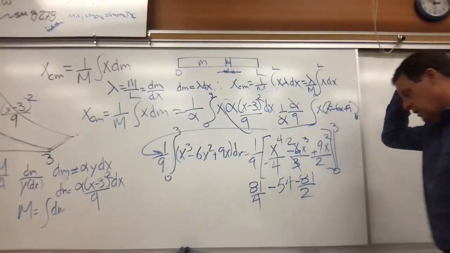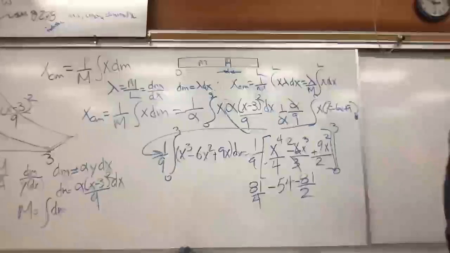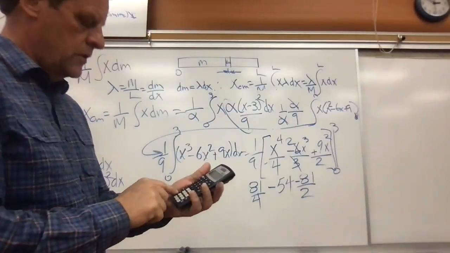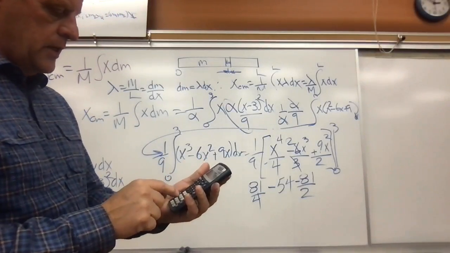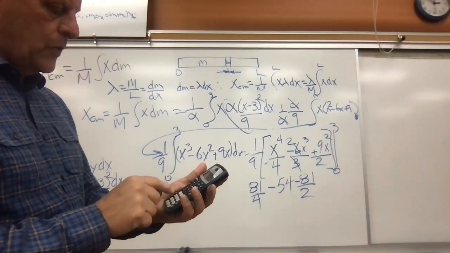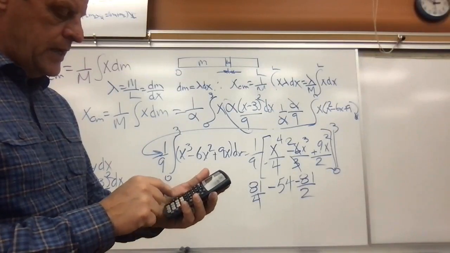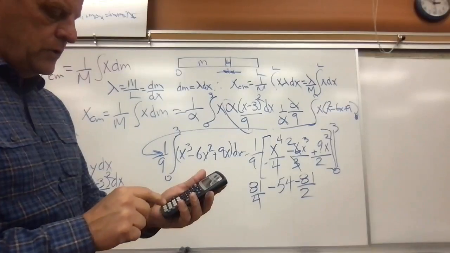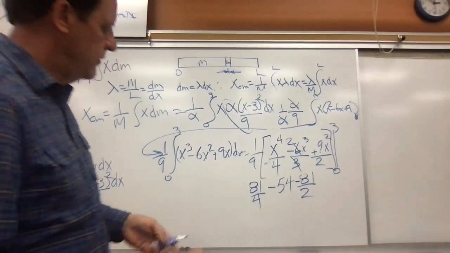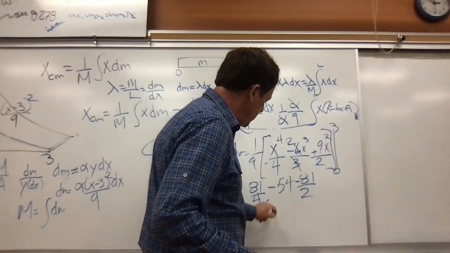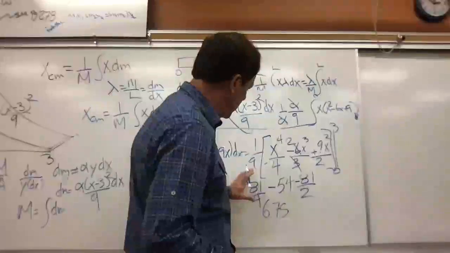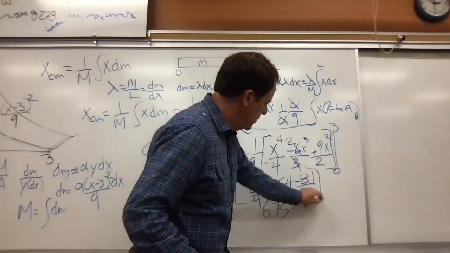Okay, so let's find a calculator here. So we're going to say 81 divided by 4 minus 54 plus 81 divided by 2. This is going to give us 6.75 as our answer to this.